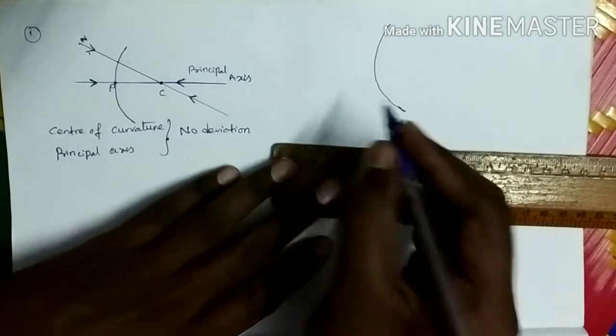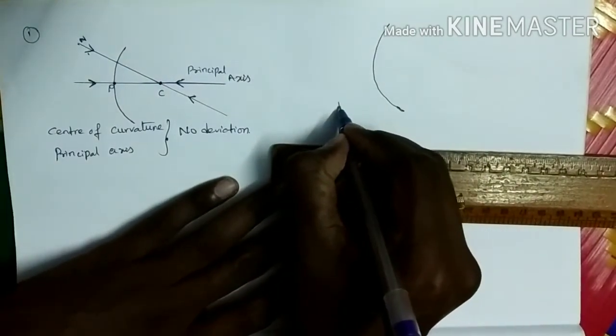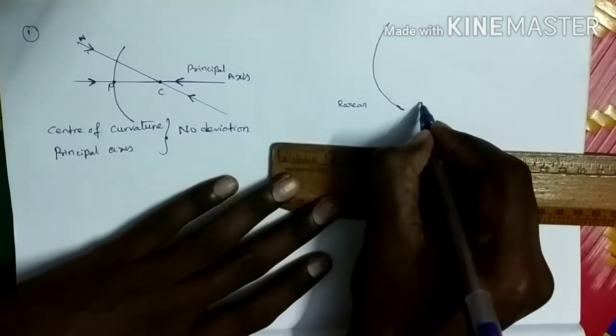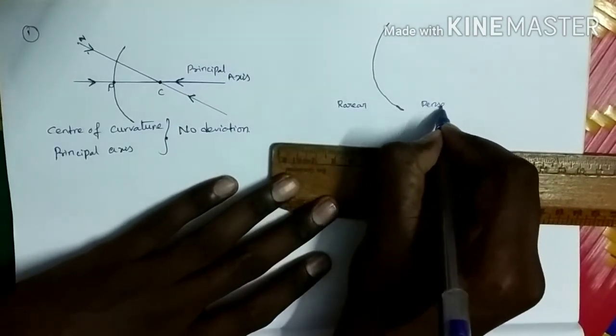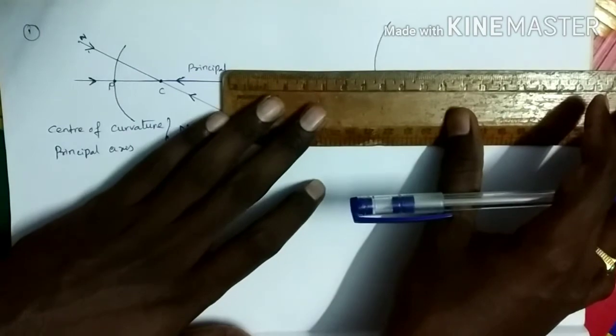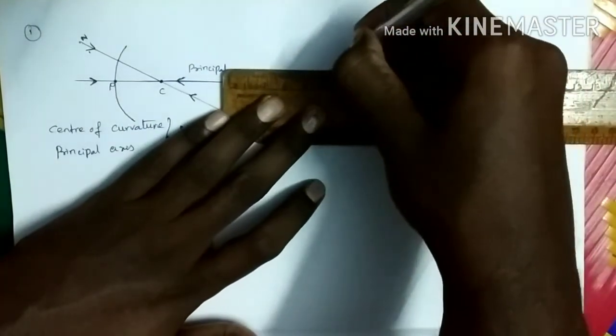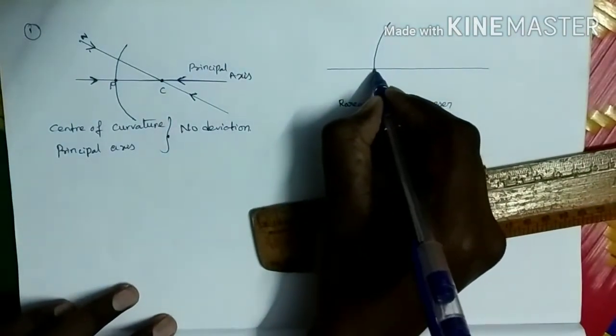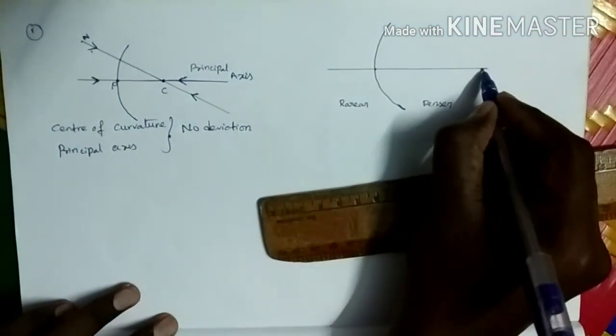Here I am considering this as a rarer medium and this will be the denser medium. And the line joining the pole and the center of curvature, that we call the principal axis. This is the principal axis.